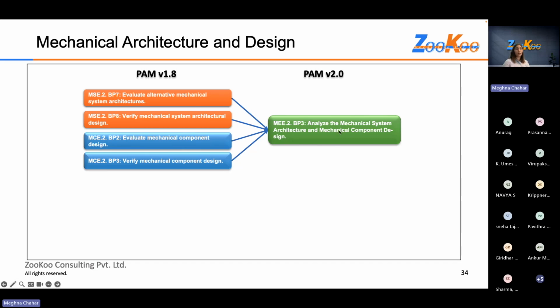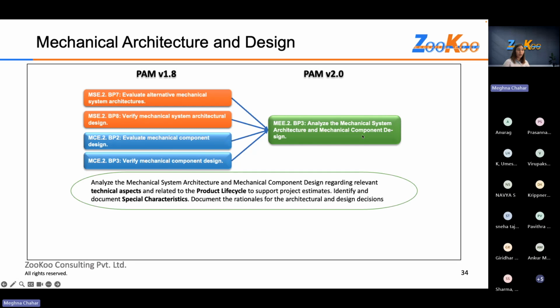BP3, analyze the mechanical system architecture and component design. Now the techniques for analyzing can be your prototype, your simulation. And the simulation methods can be your FMEA, FEA, CFD. We need to identify and document the special characteristics.